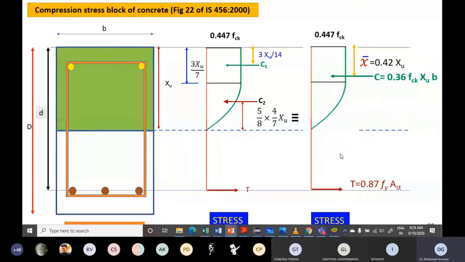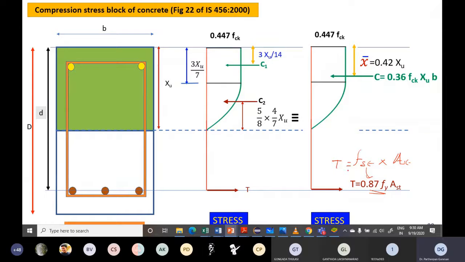And T is equal to the stress in the steel multiplied by the area of steel. We take fst as 0.87 fy only when the steel gets yielded, which we will discuss later on.